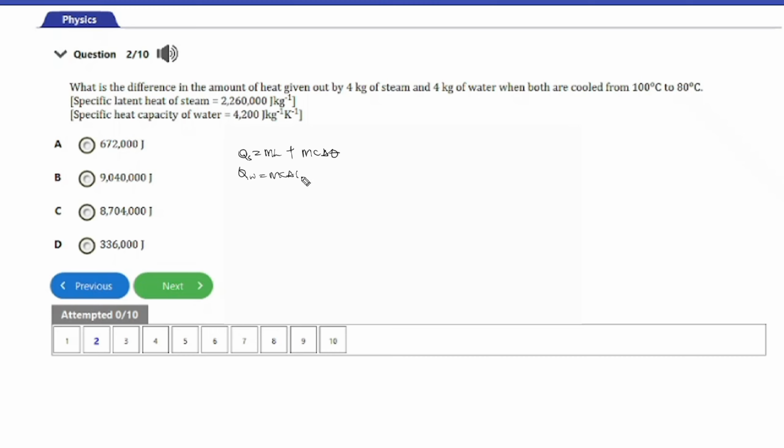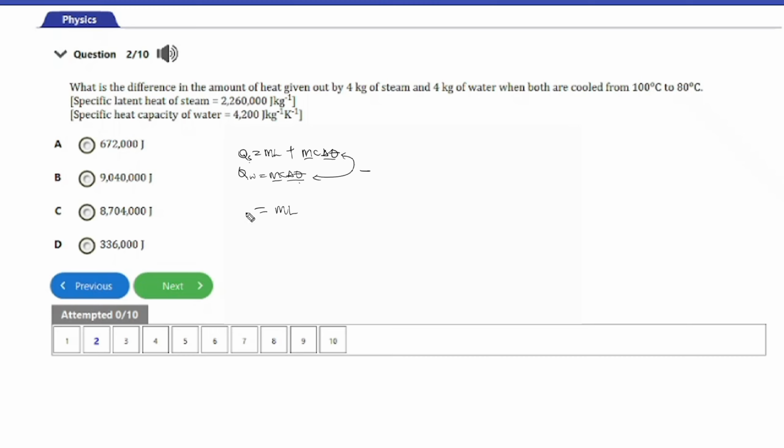But since both of them have the same mass and the same change in temperature, if we subtract this, that's ml plus mc delta theta for steam minus mc delta theta for water, we're just going to have ml.